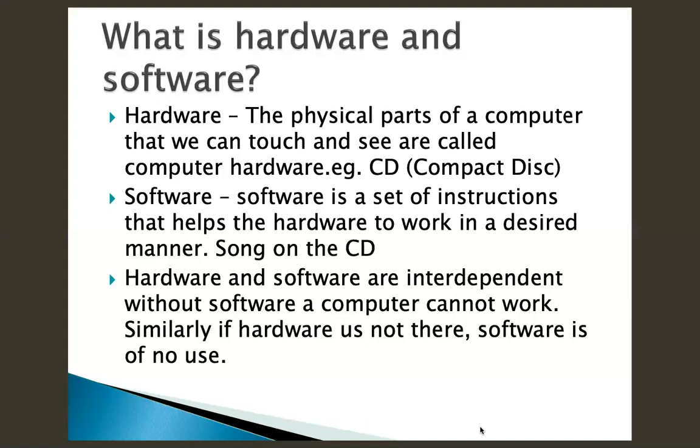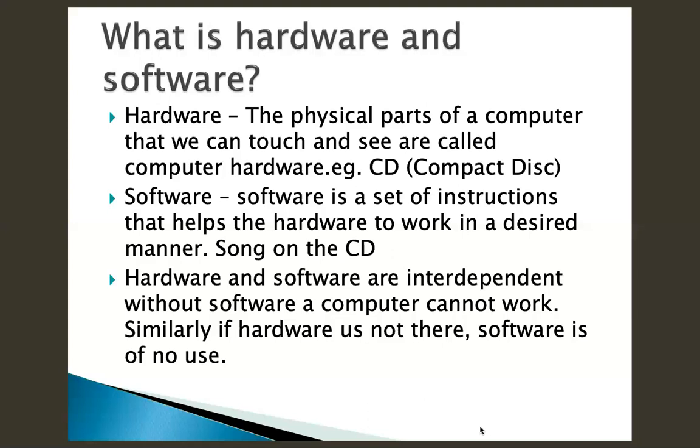We will again take one example. Just as we have seen, I want to listen to music and I will require a music system, CD and DVD. So that is my hardware. I have put my CD in the music system, but there are no songs on it. Will it play any song? No, because there is no software in it.